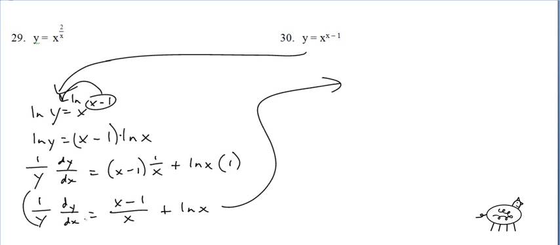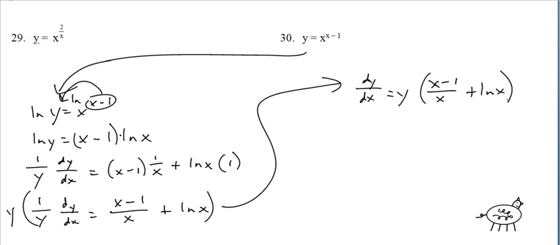All right, let's keep going over here. Basically I'm going to multiply both sides by y. So I get dy dx equals y times x minus 1 over x plus ln of x. All right, and the last thing is we're going to substitute that y into there, because you really can't have any y left in there, unless of course this was a problem where you had y in the middle of the problem anyway.